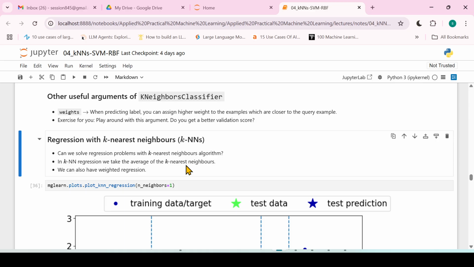That means the majority examples will have the higher vote, and the label for the test data point will be the label of the majority vote. But in regression cases, we do not have that majority. So what we'll do is take the average of all the nearest neighbors, and sometimes we also call this weighted regression.